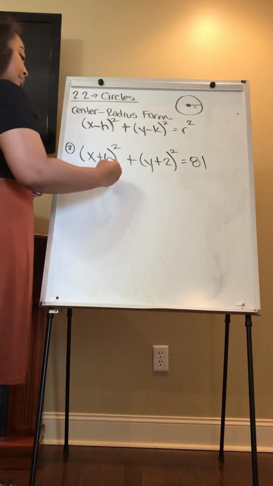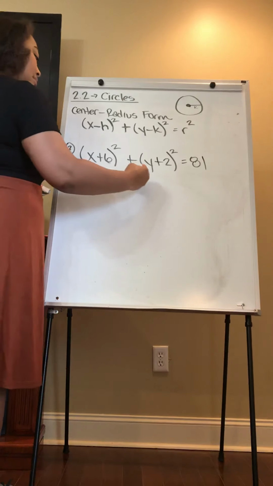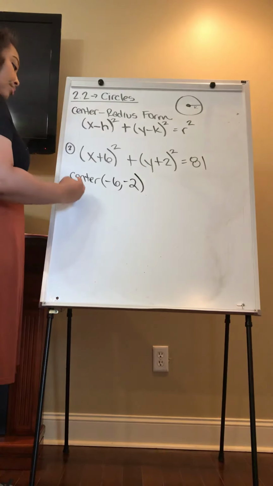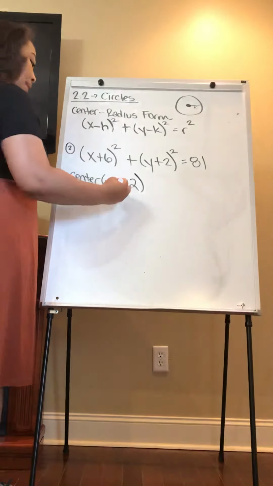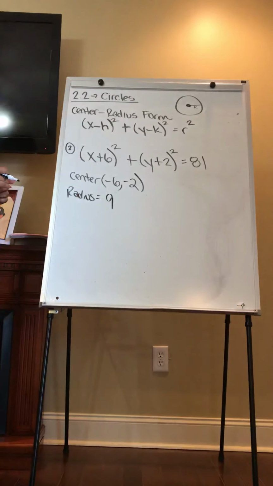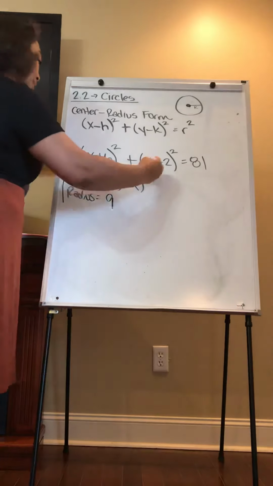Well, the center would be negative 6, negative 2. My radius would simply just be 9. The square root of 81 is 9. That's what I'm looking for.